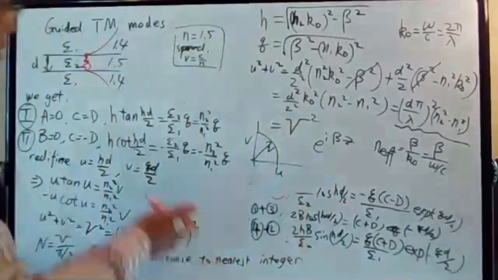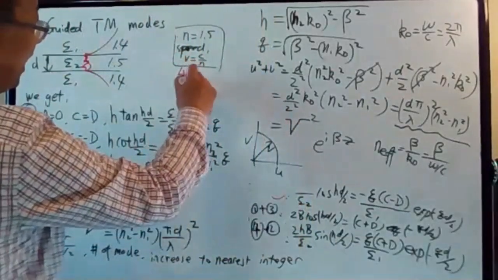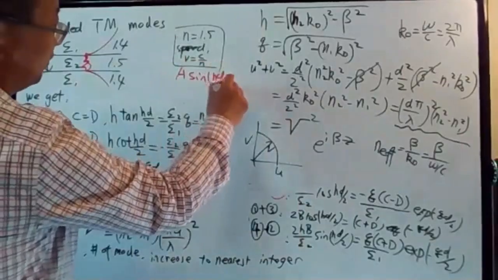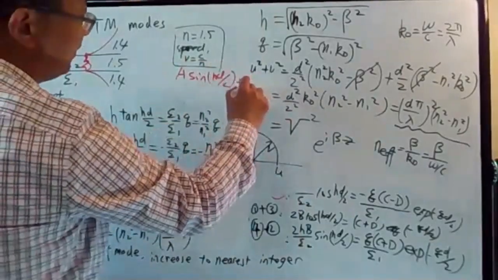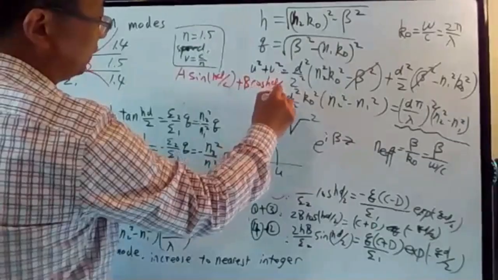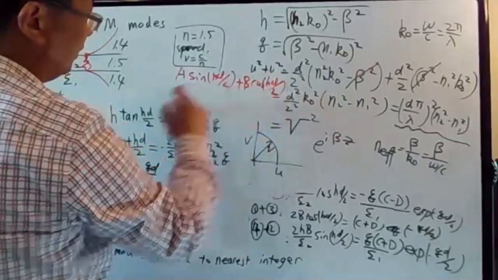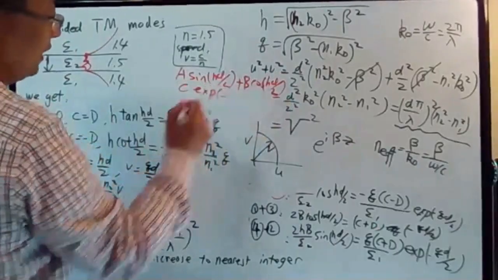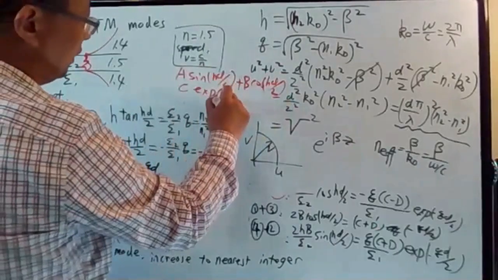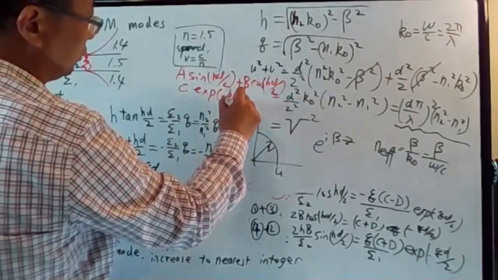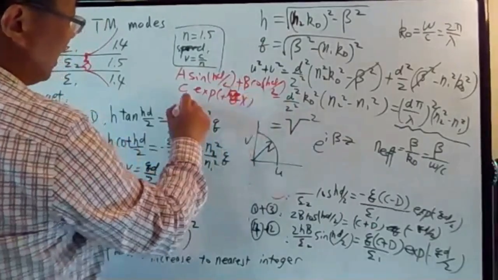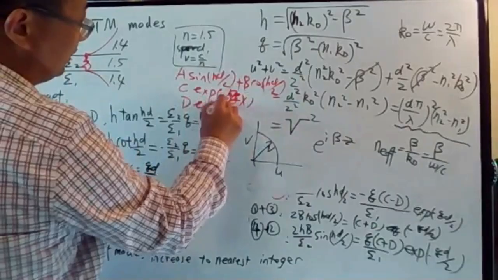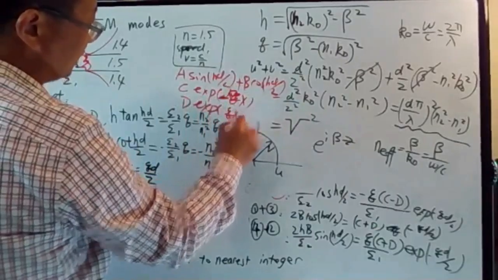So you can write it down either as A sine HX plus B cosine HX inside the slab, and then outside C exponential negative QX and D exponential QX.